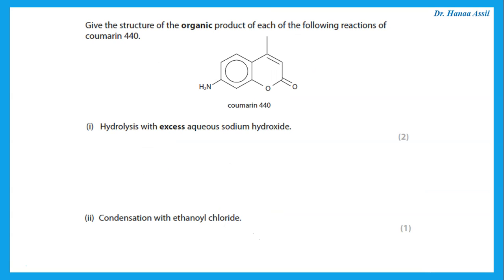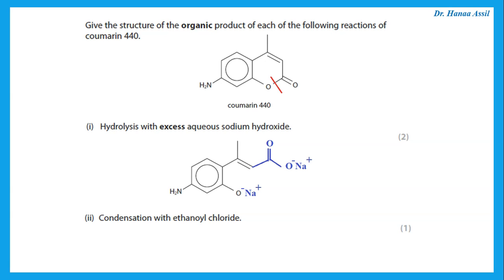Give the structure of the organic product of each of the following reactions of this compound. By hydrolysis with excess sodium hydroxide, if I react this compound with excess sodium hydroxide, that will break up this ester linkage, and I will get the sodium salt of the carboxylic acid, and the alcohol that should be formed would actually be in the form of O minus Na plus.